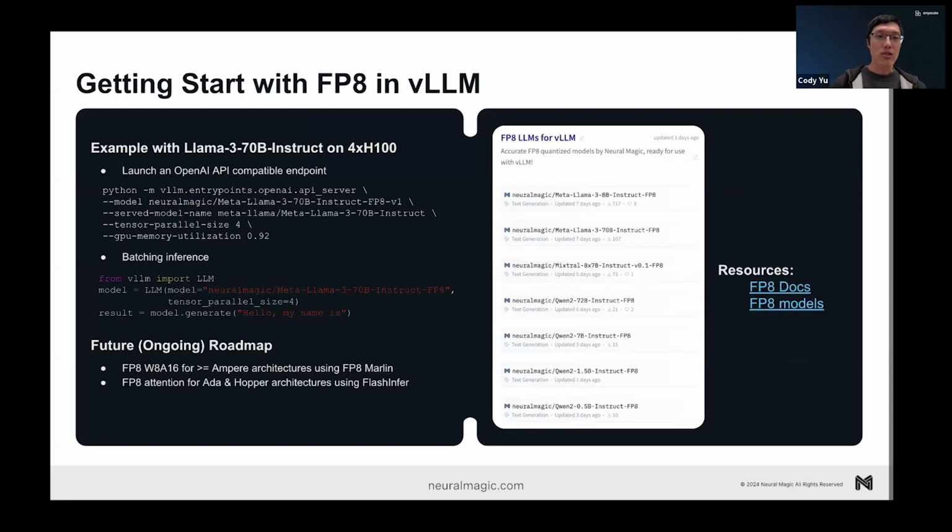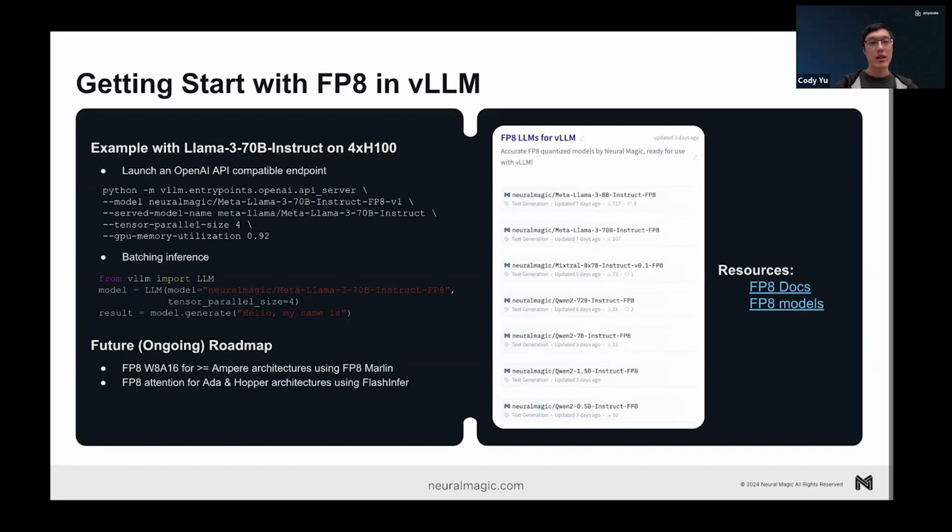This command will launch an OpenAI API server on, for example, the localhost with port 8000, and serve the 70B model with FP8 and a tensor parallel size of 4. After you launch this endpoint, you can just use the OpenAI SDK or the same protocol to query this endpoint, and you will get the result.